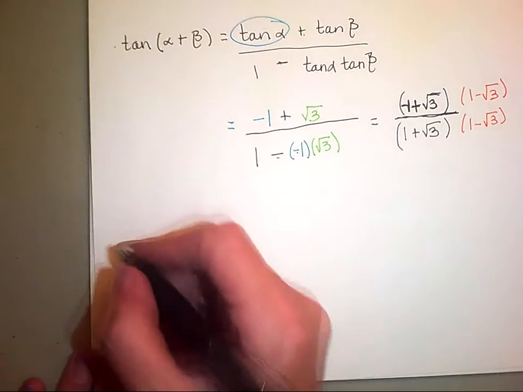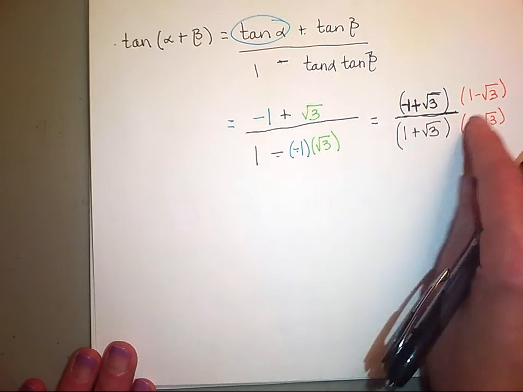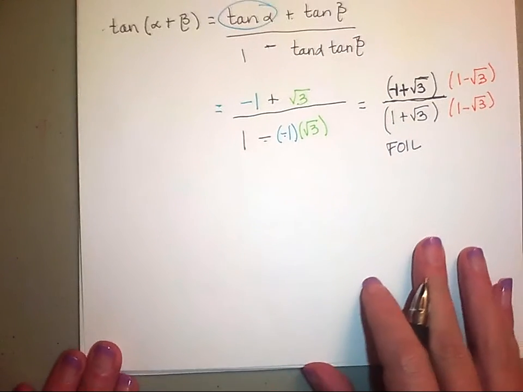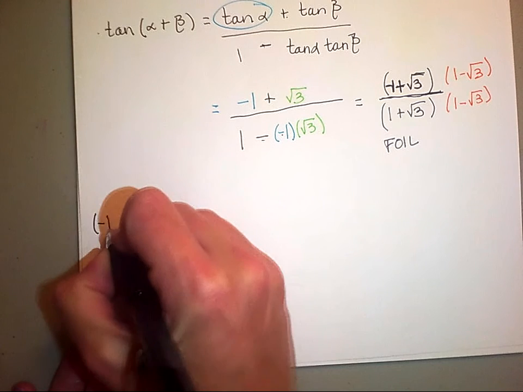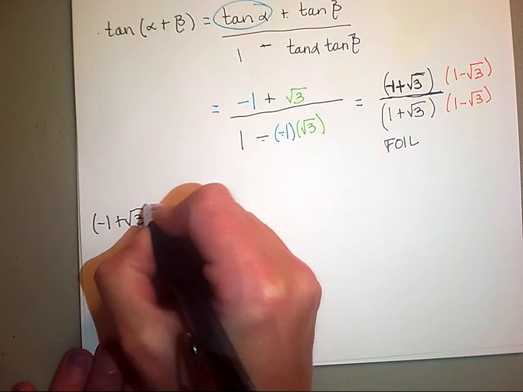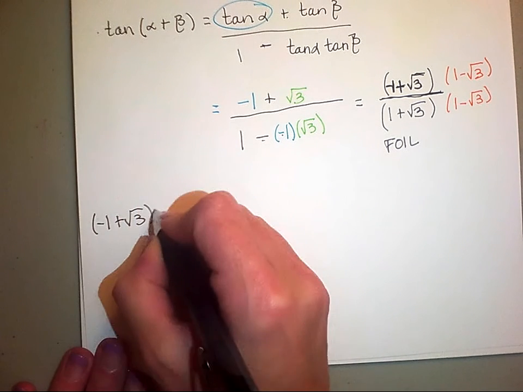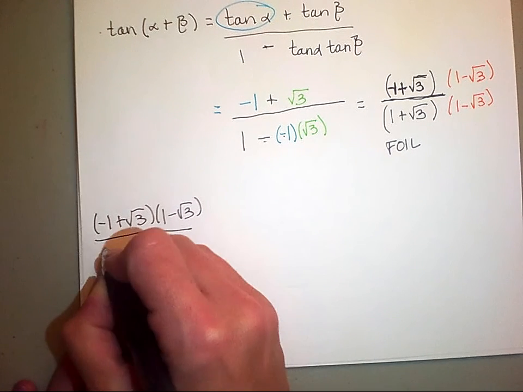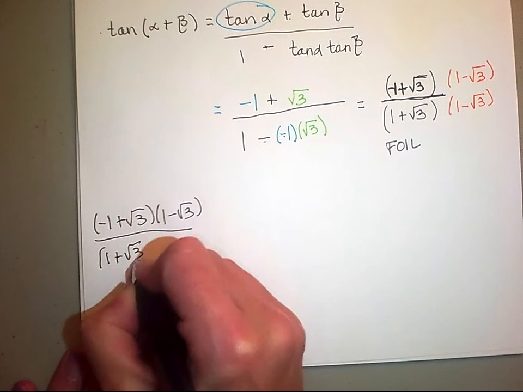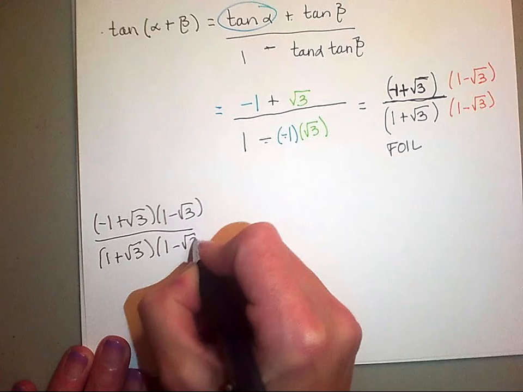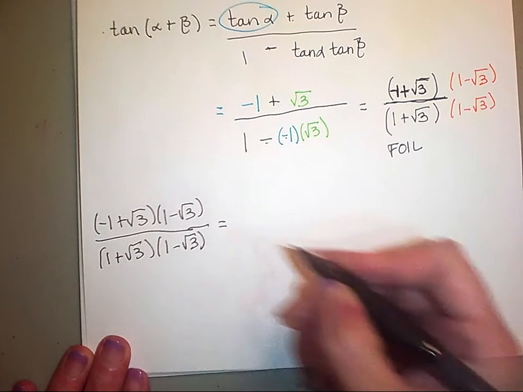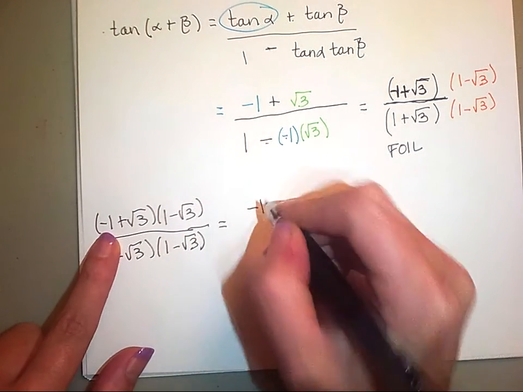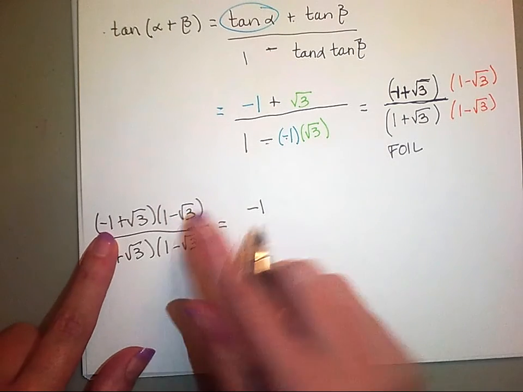Okay. Now let's start. Alright, so we're going to have to FOIL. So maybe let me write them down here. -1 plus square root of 3 times 1 minus square root of 3, over 1 plus square root of 3 times 1 minus square root of 3. Just rewriting this. Now through FOILing: 1 and -1 are -1.